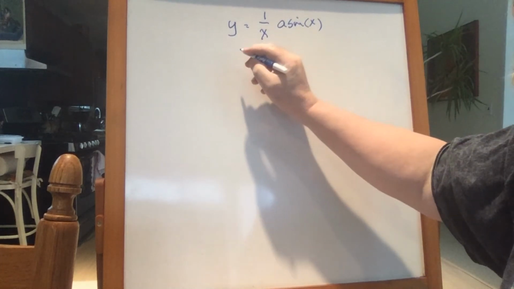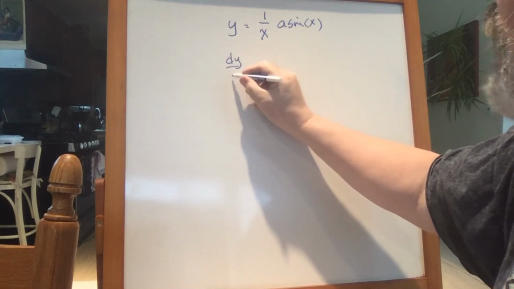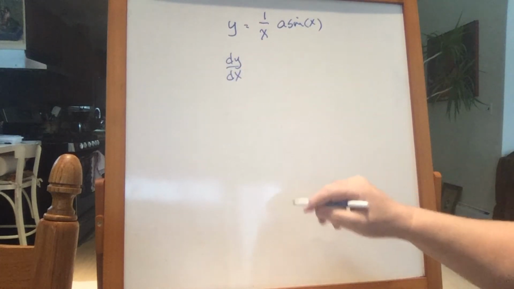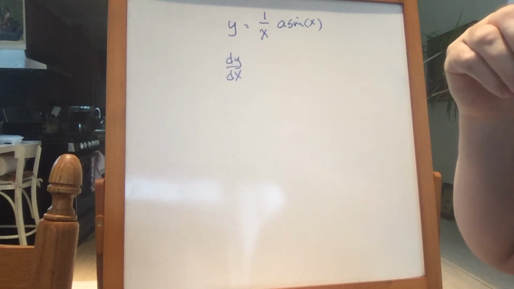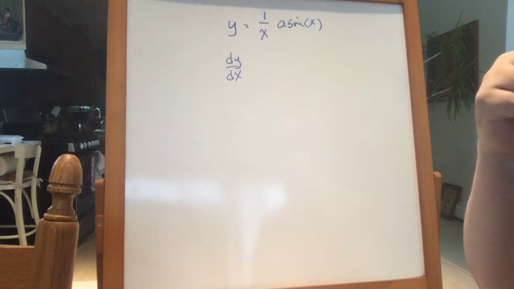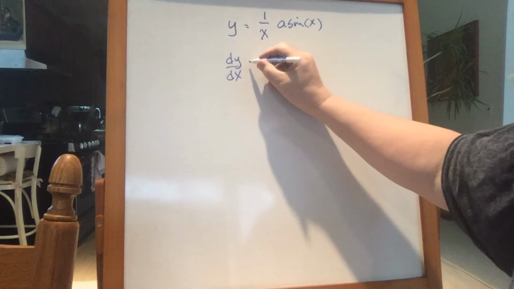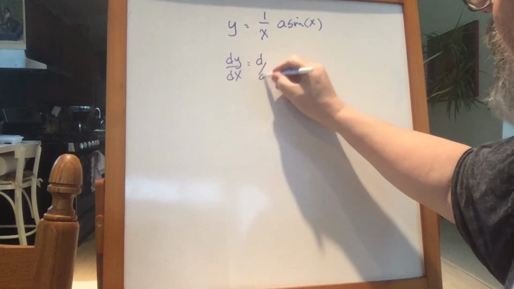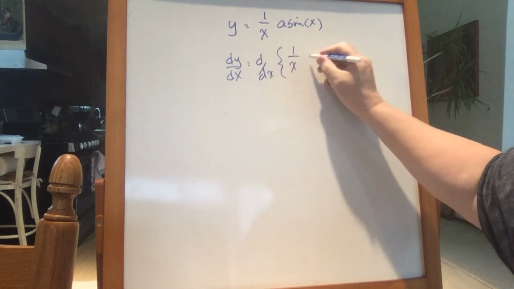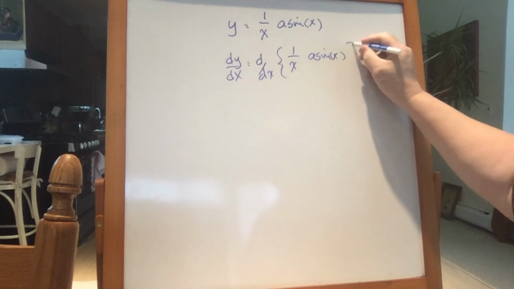So why don't we just go to dy/dx. I mean, I could make it a little tougher. But we know these. So this is d/dx of 1 over x times the arc sine of x.